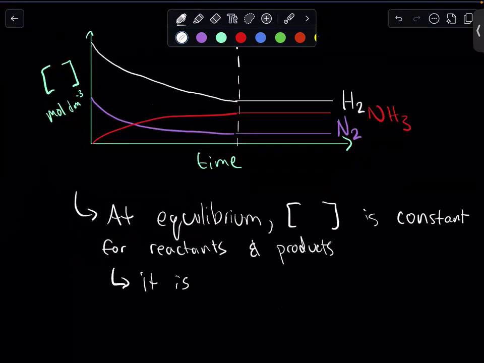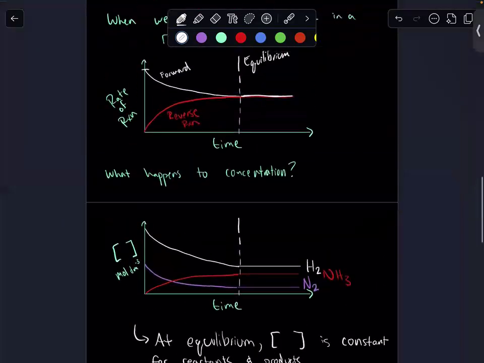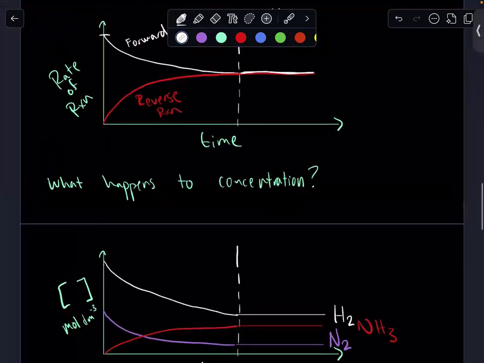It is not equal. So that is one of the key aspects. They are not equal. However, they are constant. The only thing that is equivalent at equilibrium is our rate.